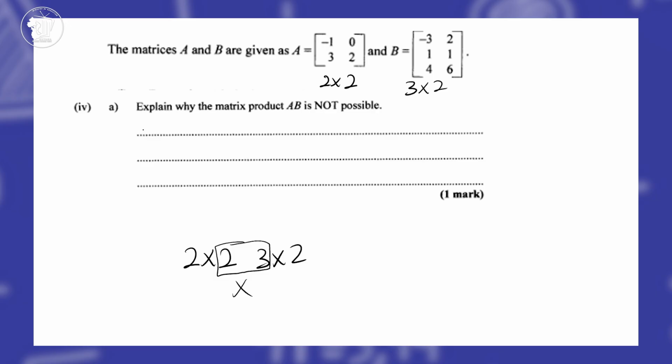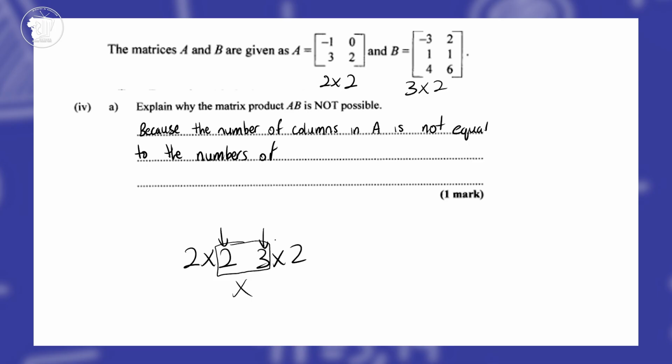So we can say the reason being, and this here would be row by column, because the number of columns in matrix A is not equal to the number of rows in matrix B. And there's how we get our 1 mark.